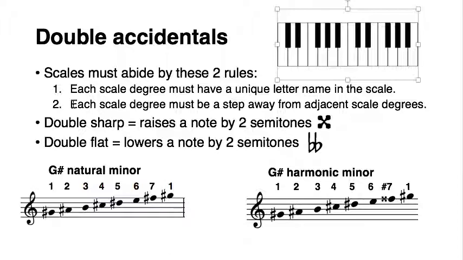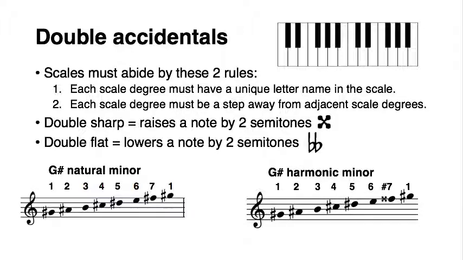And the second rule is that each scale degree must be a step away from adjacent scale degrees. Or in other words, scale degrees can't skip letters, right? We have to have an F here in this position as scale degree 7. In the natural minor scale, that is an F sharp, right? So it must remain an F something in the harmonic minor scale.